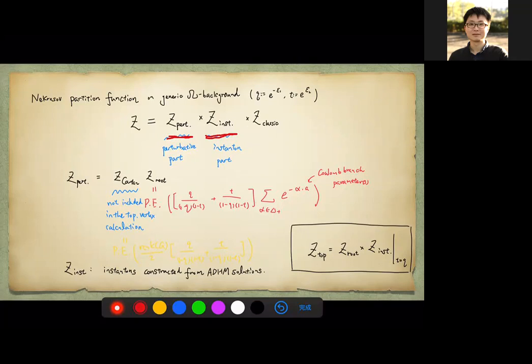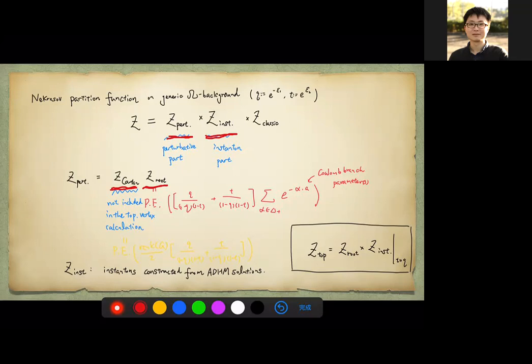The perturbative part can again be written as the product of the Cartan part and the part that depends on the roots of the Lie algebra of the gauge group. The Cartan part depends on the rank of the gauge group, but in the topological vertex calculation, it will not show up.